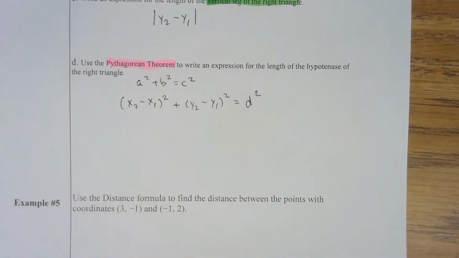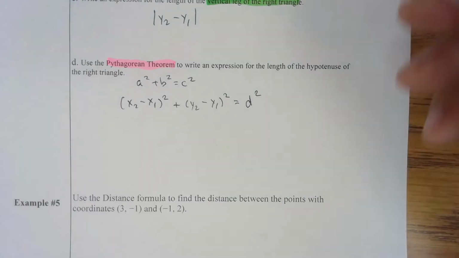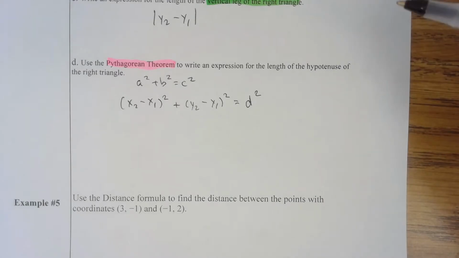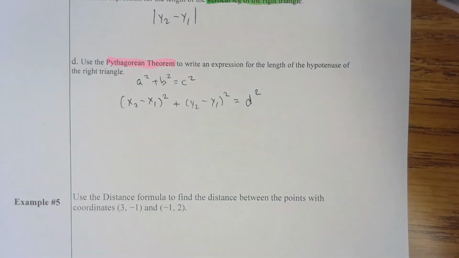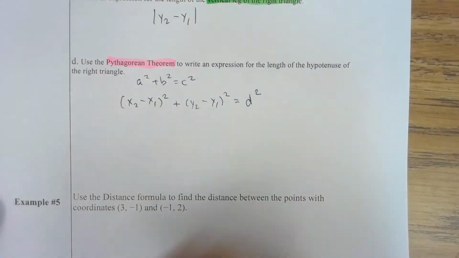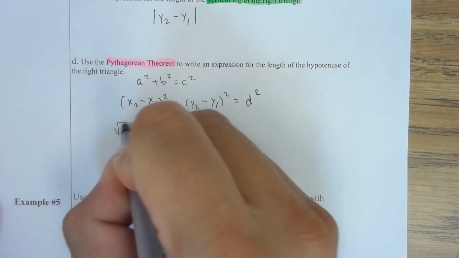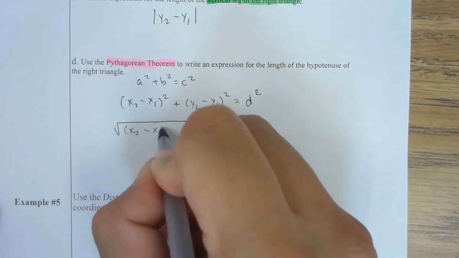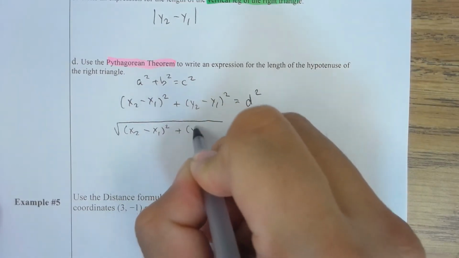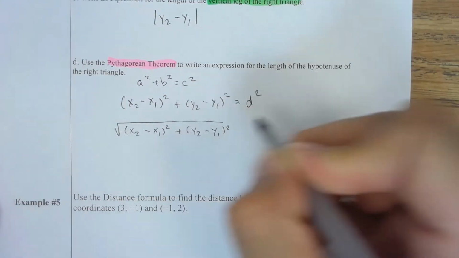Now, because we want to solve for d here, and we did Pythagorean, but we want to solve for d, we're going to have to rearrange it. So if I want to solve for d, I need to get rid of the square here. So let's go ahead and square root the whole thing here. x2 minus x1 squared plus y2 minus y1 squared.